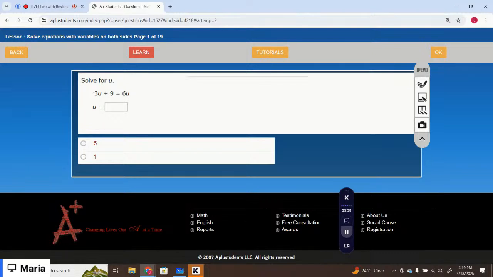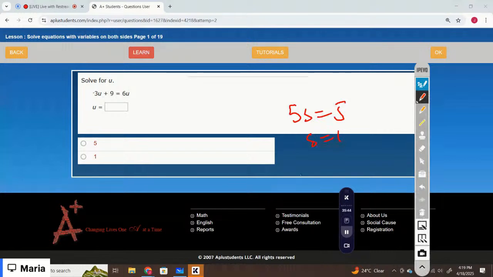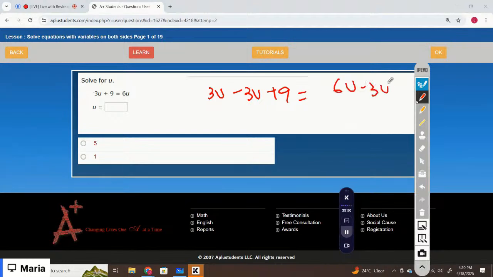That is solve for u. So just add 3u to both sides. 3u minus 3u plus 9 equals 6u minus 3u. So they cancel out. 9 equals 3u. So u equals, divide both sides by 3. 3 and 3 cancel out, so that is u equals 3.